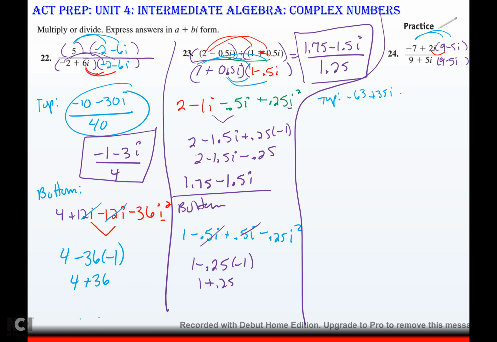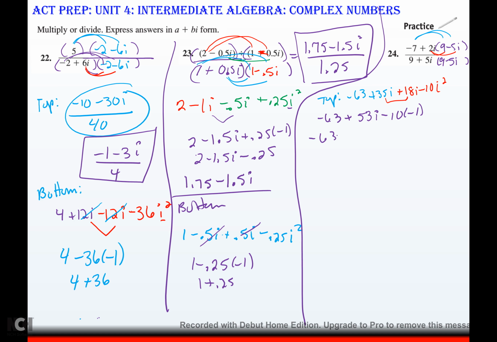Positive 2i times 9 is positive 18i. Positive 2i times negative 5i is negative 10i squared. Combine i's and replace i squared, and I get negative 63 plus 53i minus 10 times negative 1.